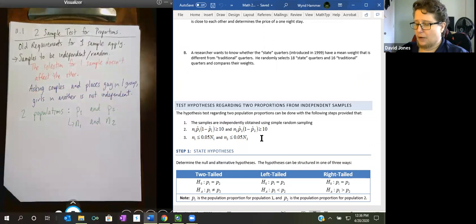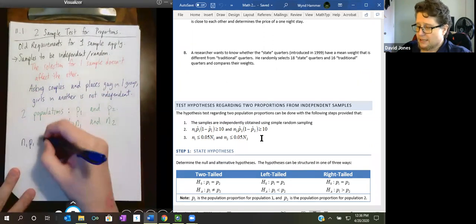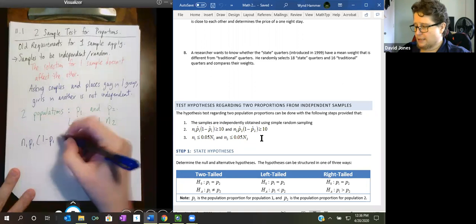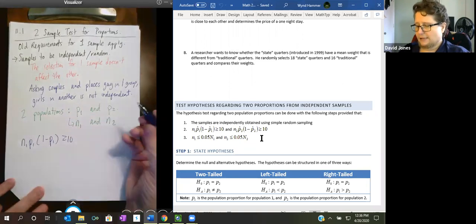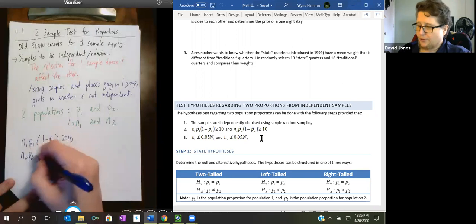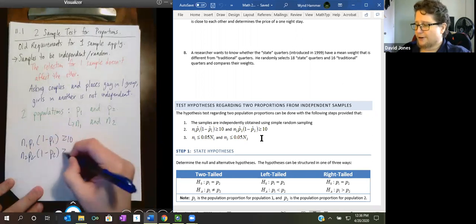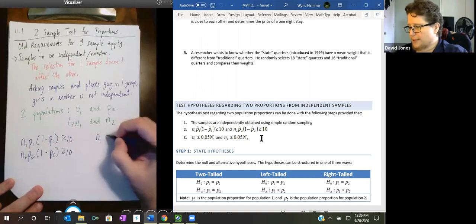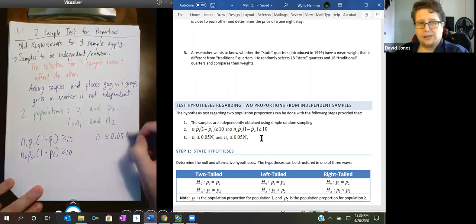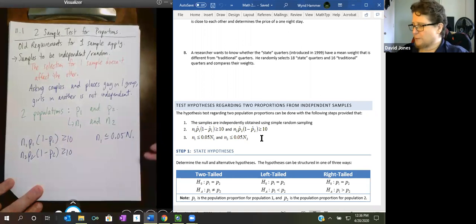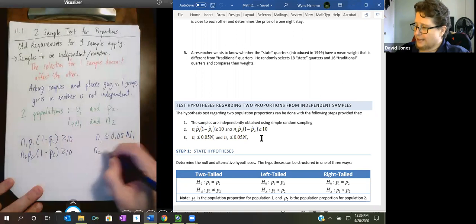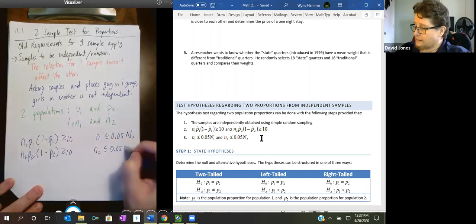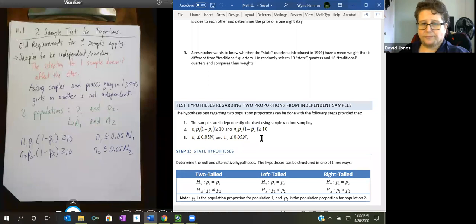We need N1 P1 times 1 minus P1 to be greater than or equal to 10. We need N2 P2 times 1 minus P2 to be greater than or equal to 10. And we want also N1 to be less than or equal to 0.05 of the overall population for that group. And same thing with N2.